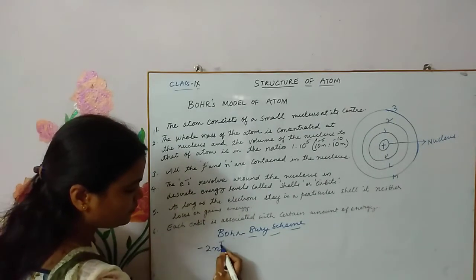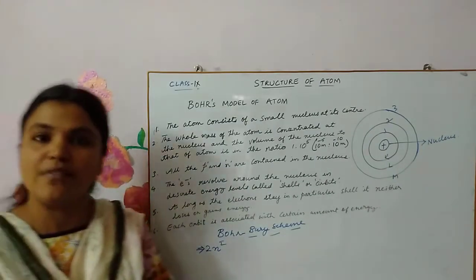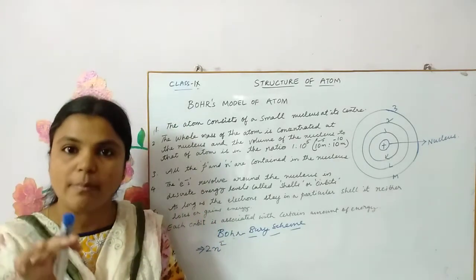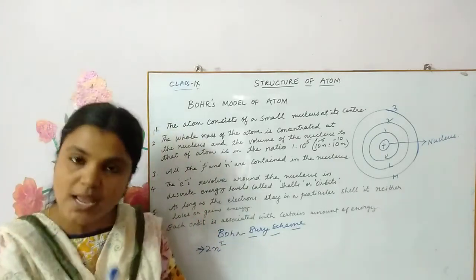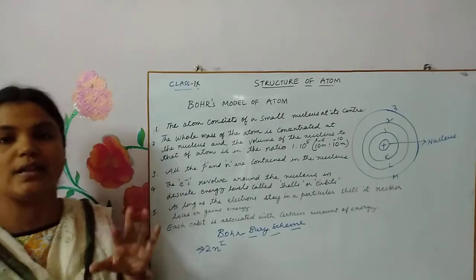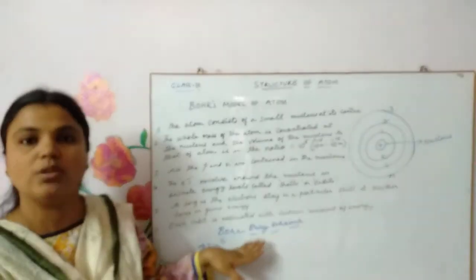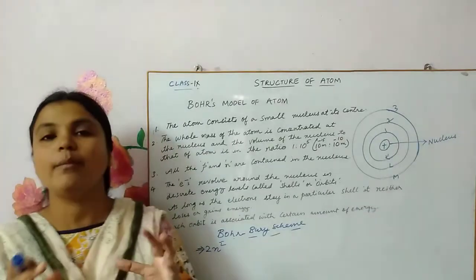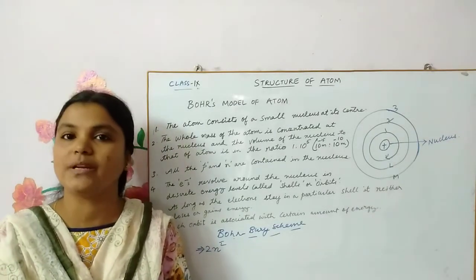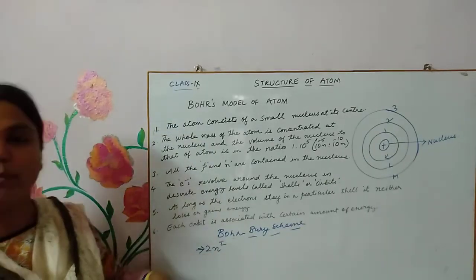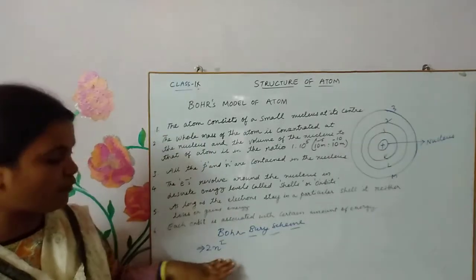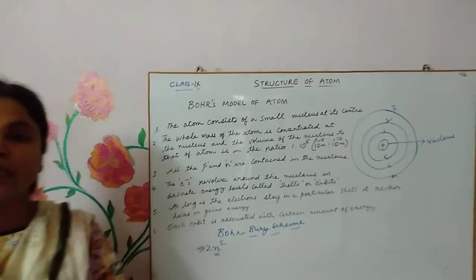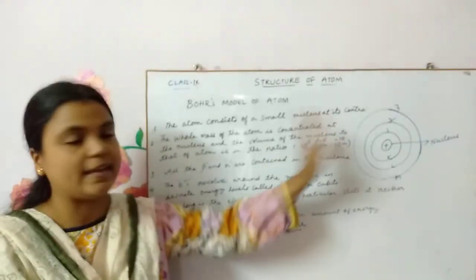For any given shell, the maximum number of electrons that can be accommodated is given by the formula 2n², where n is the number of the energy level or orbit. Bohr and Bury both gave this scheme.